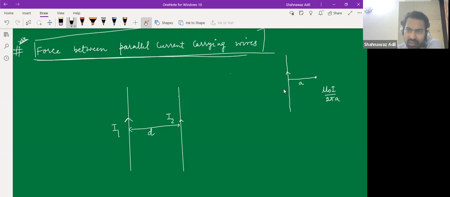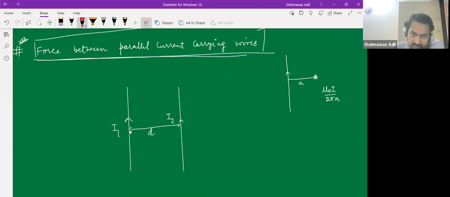We put our thumb in the direction of current, and then we curl our fingers. So this is going inwards. On the right hand side, it is inward. On the left hand side, it is outward. So always remember this, right?